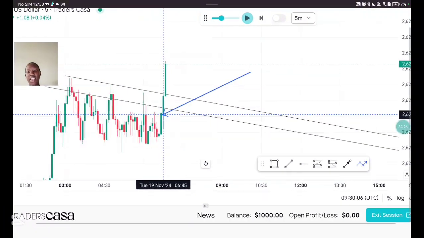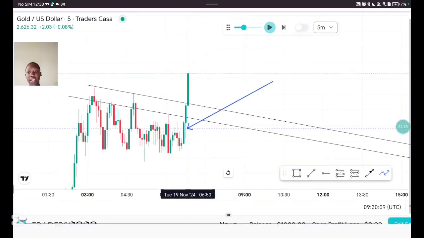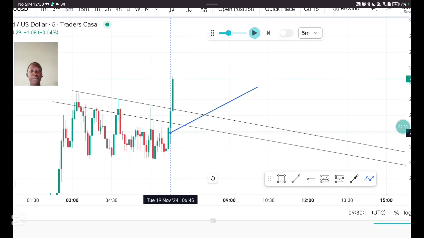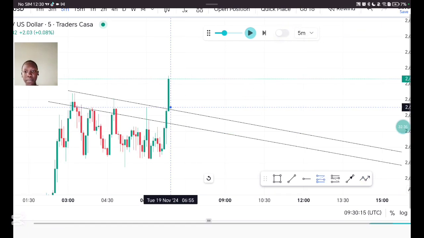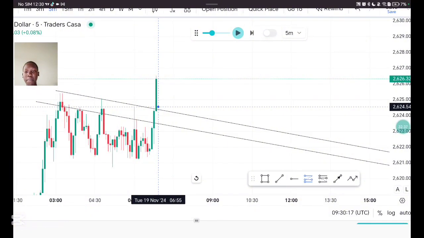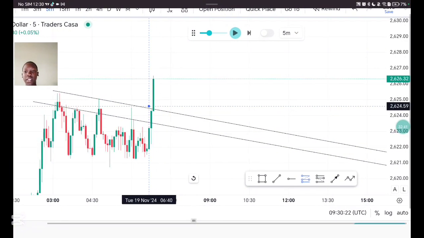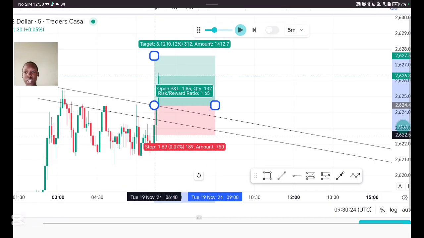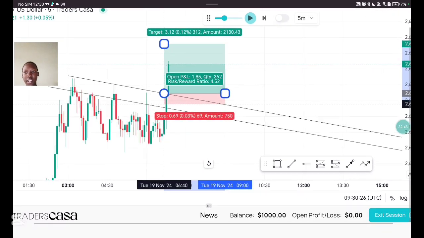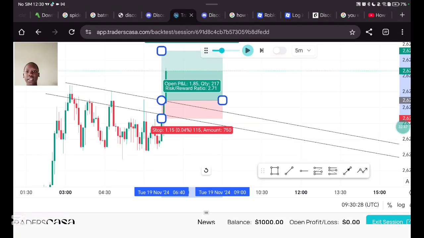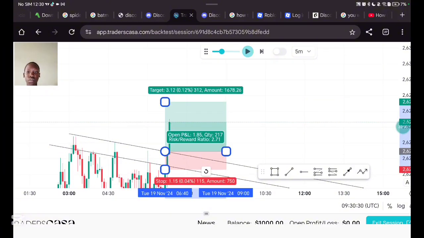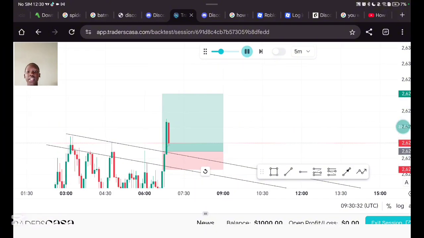Then the sellers tried to push the price down, but from there is where I could have placed my buy limit here, put it below here, then we aim for 1:3 risk to reward. Then let's see what the price does.